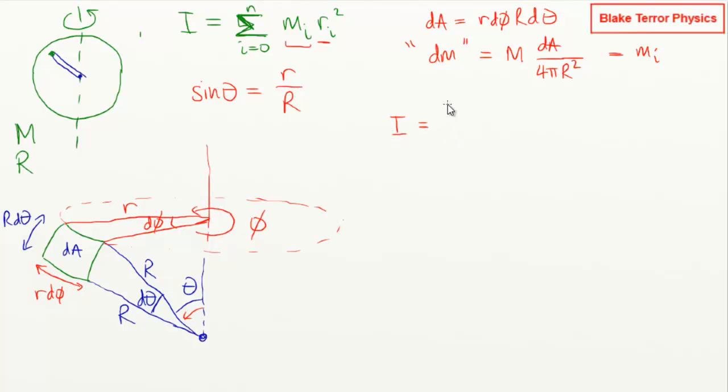So we've got I is going to be the integral. For phi, we're going from 0 to 2 pi. For theta, we're going from 0 to pi, because we only have to go from the top down to the bottom. We're not coming back up the other side again. We're not going all the way round in theta.